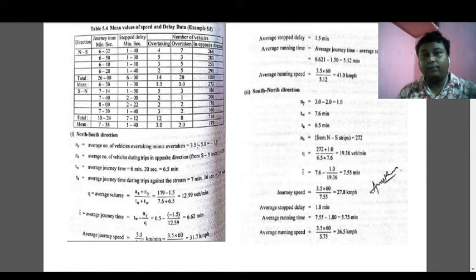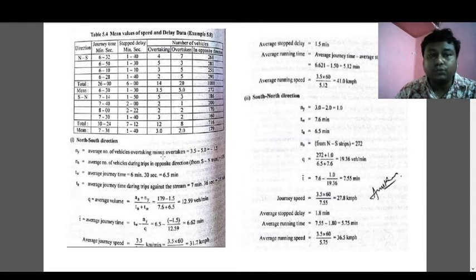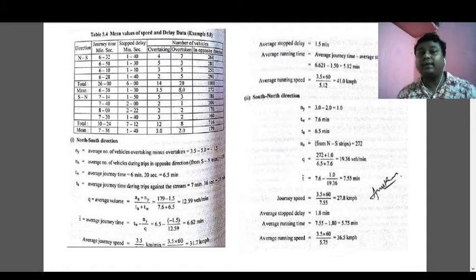For the north south direction, the average number of vehicles overtaking is 3.5, minus the average number of vehicles overtaken, 5. So the value is minus 1.5.